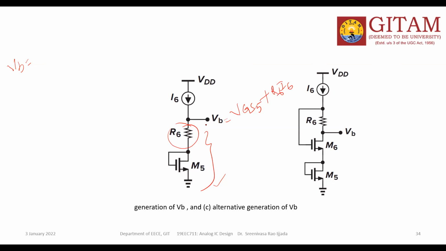Choose the I6 current value and the W by L of M5 to ensure that VGS5 is equal to VGS3. That's it. Why VGS3 means?